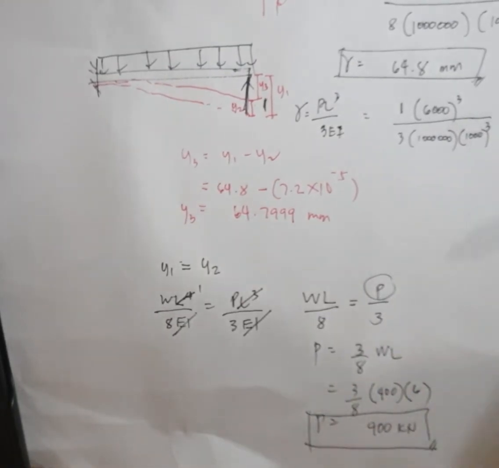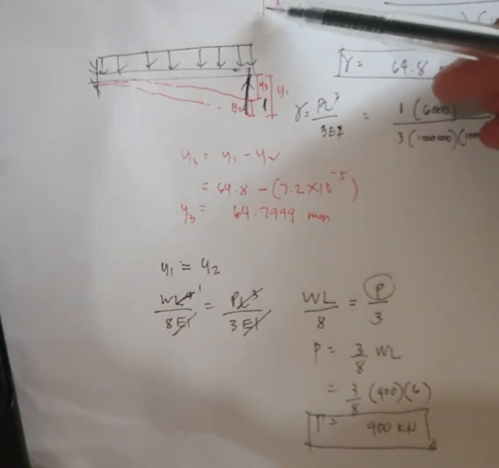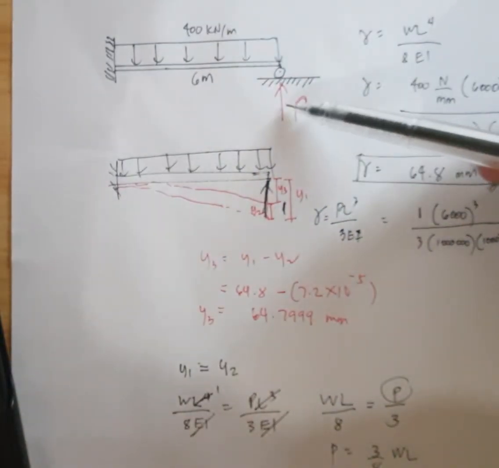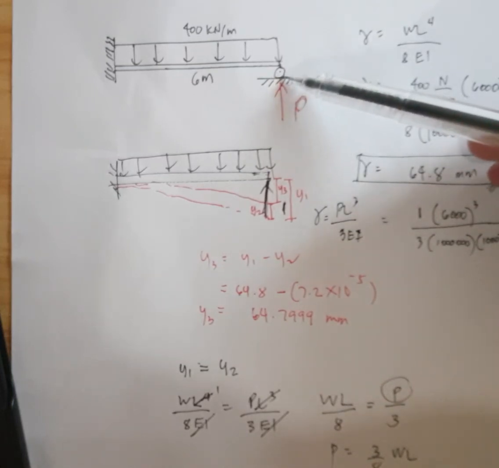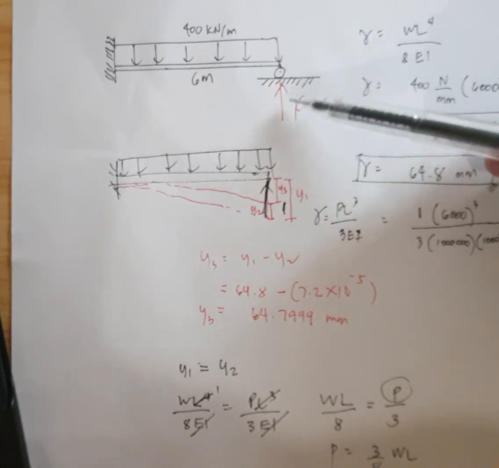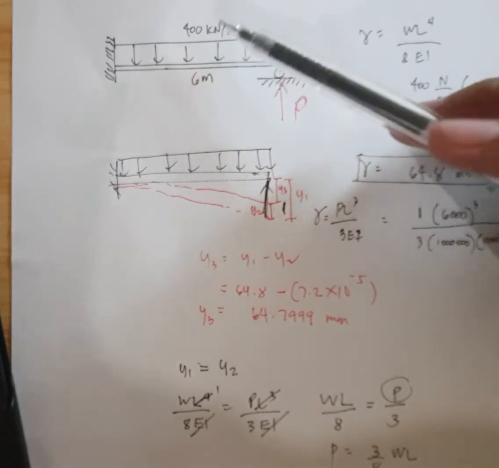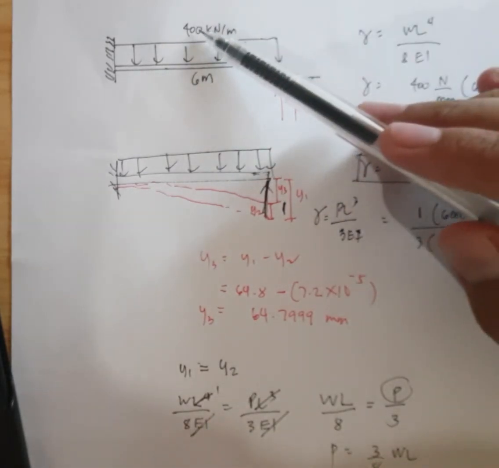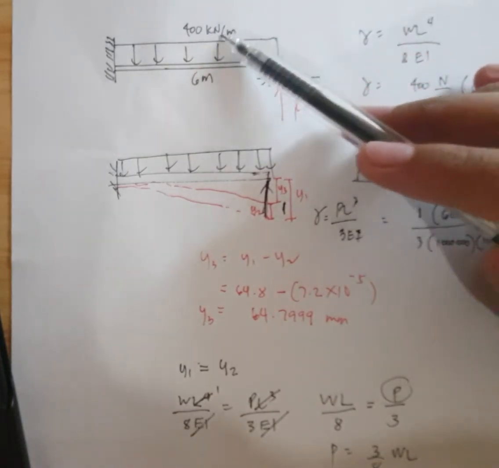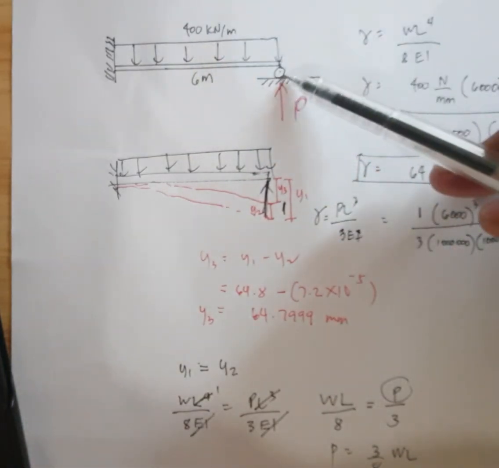So you need a 900 kilonewton concentrated load, or you have a resistance or a reaction of 900 kilonewton to resist or for the deflection caused by 400 kilonewton per meter to be 0.